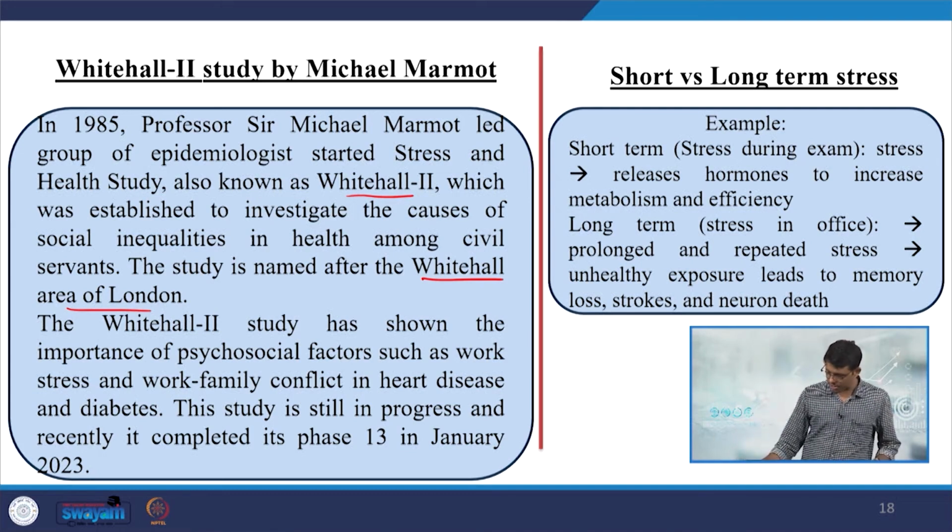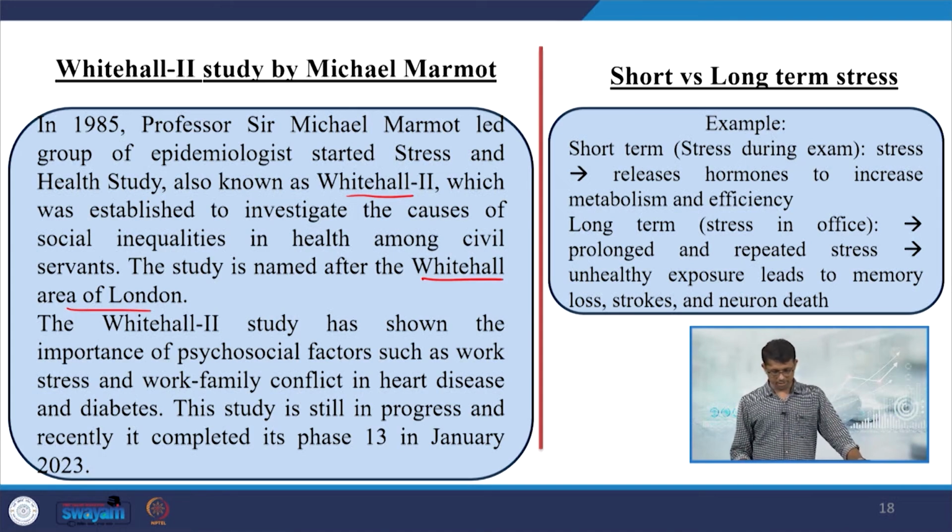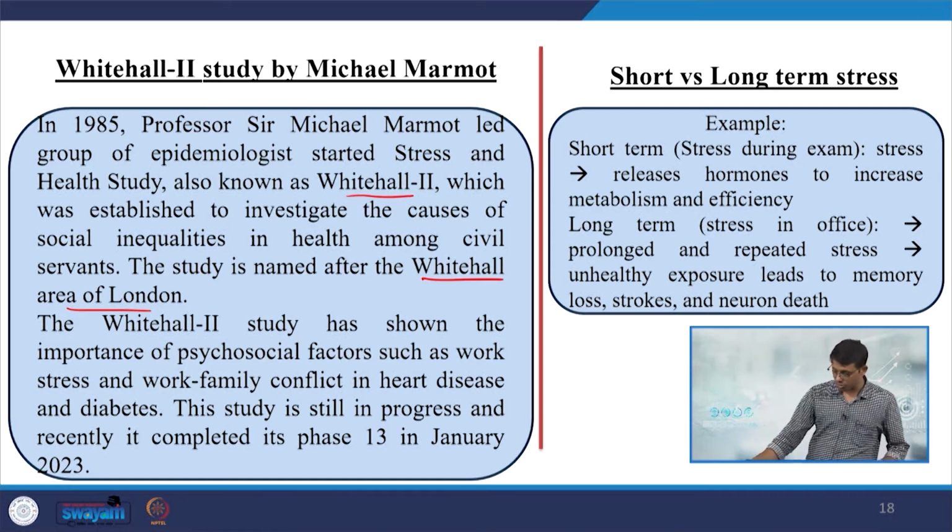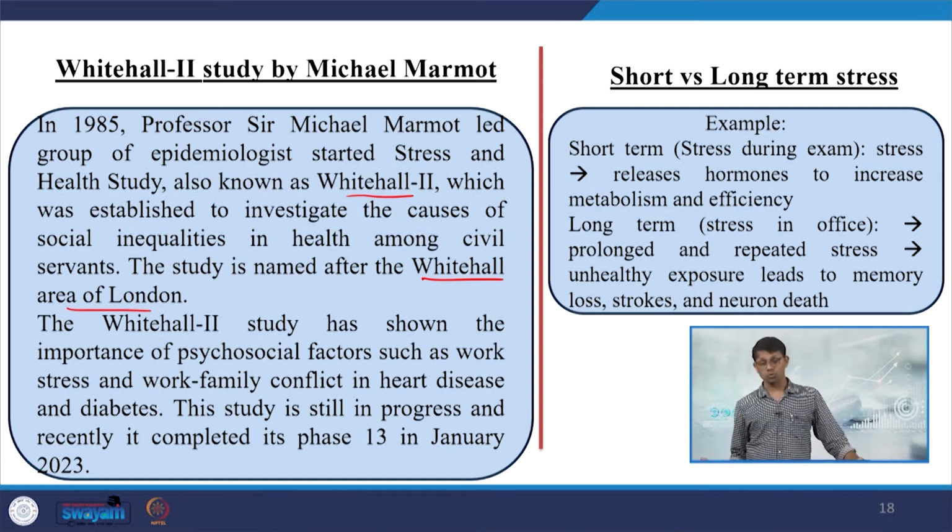Short term stress, like exam stress, releases hormones to increase metabolism and efficiency, whereas long term stress, like stress in the office etc., has prolonged consequences, and this long term stress is usually repetitive.